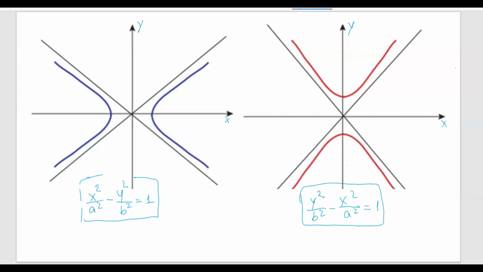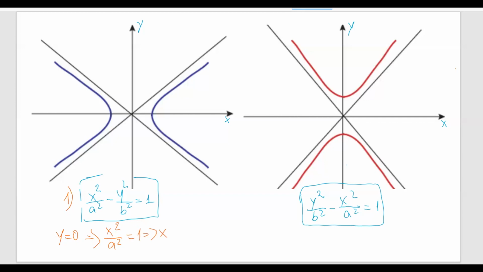And let's see why that is. Let's take this first situation where the hyperbola is situated on the x-axis. If we set y equals 0, we get x squared over a squared, and this term becomes 0 because y equals 0, and this equals 1.